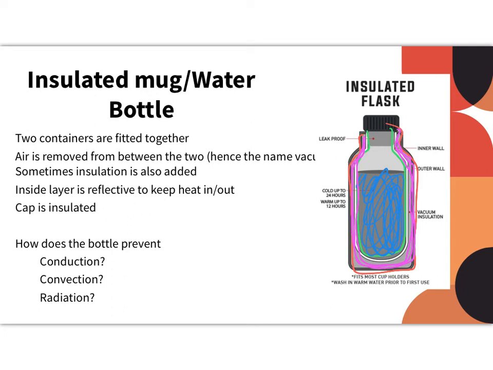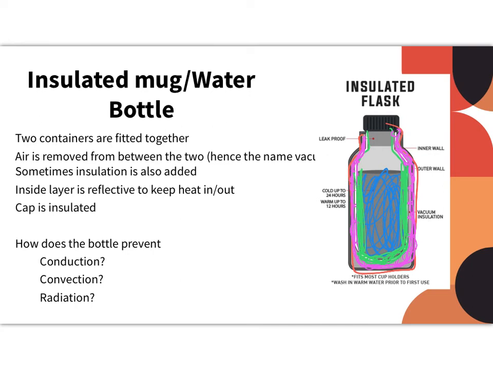Sometimes we can also add some extra insulation in here to keep these from cooling or transferring their energy. The inner layer, so inside our bottle here, is reflective. And this helps to reflect heat back in.